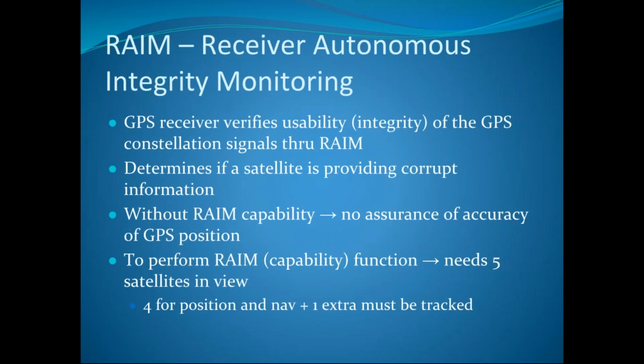So RAIM stands for Receiver Autonomous Integrity Monitoring. All that we're doing with a RAIM check, this isn't a form of GPS or satellite-based navigation. This is a way of verifying the accuracy of the GPS satellites.